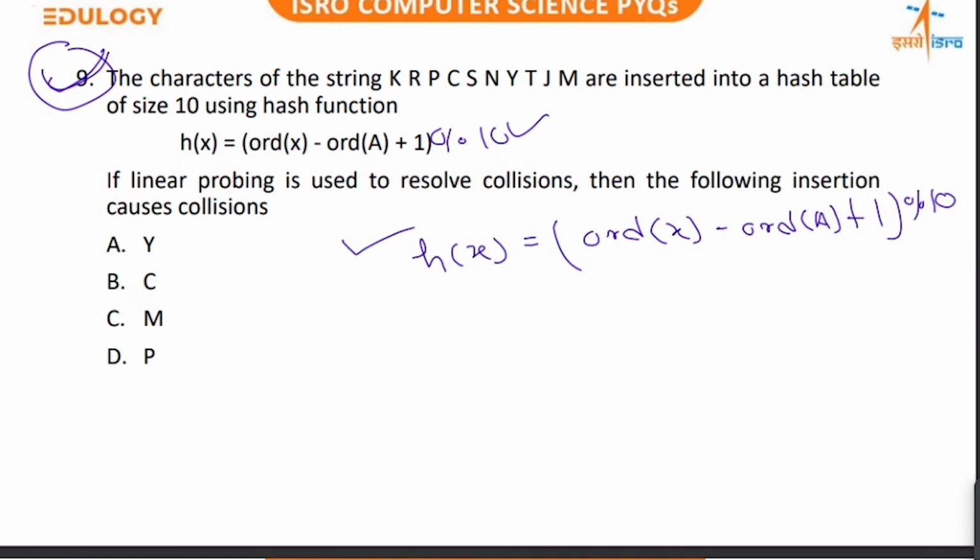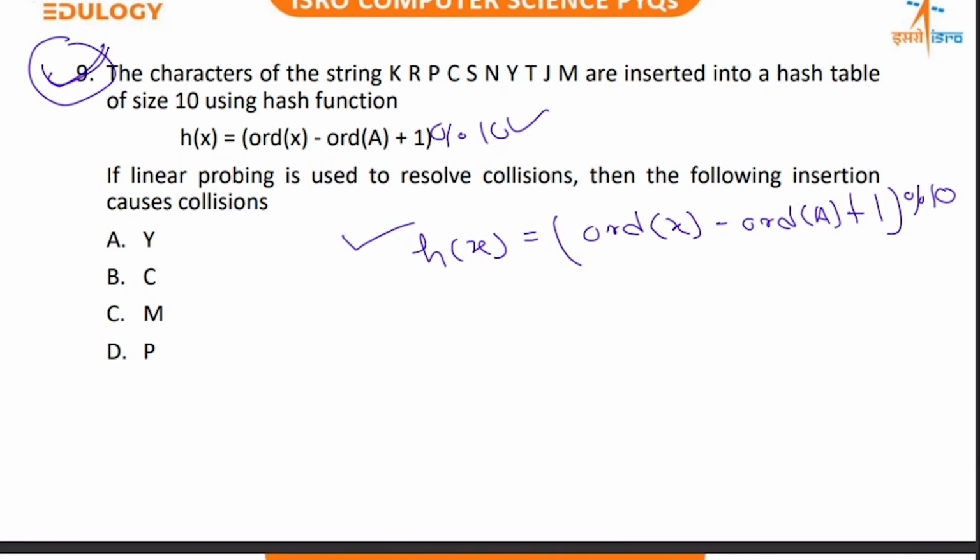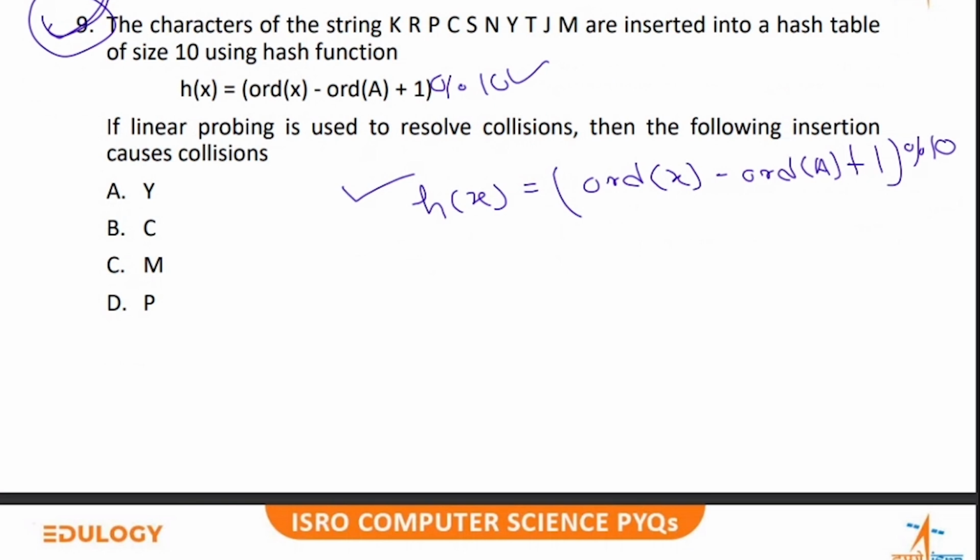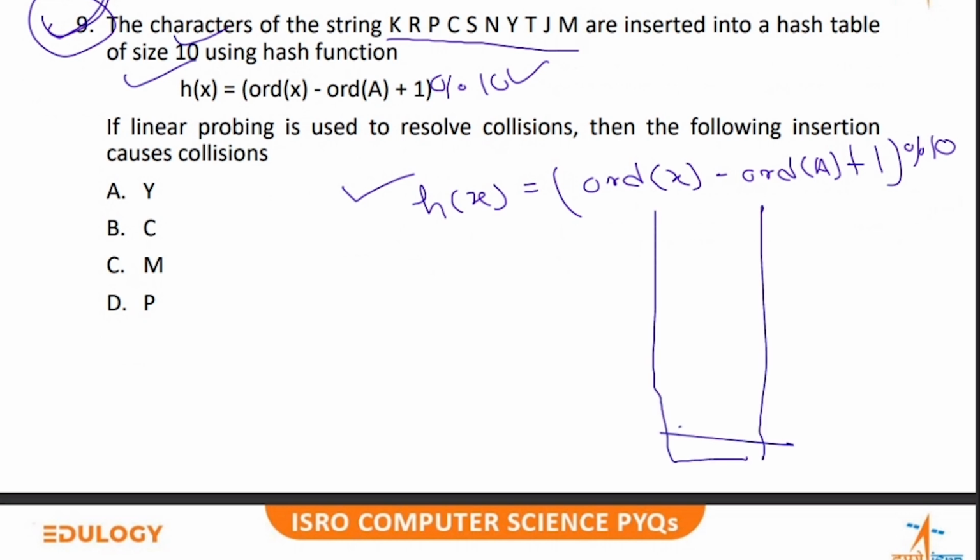No worries, Mukesh. I am solving with you. This is the string given to you. Now what we have to do? This is our hash function, and the size of the hash table is again 10. So we have to make this hash table. We are starting counting from 0.